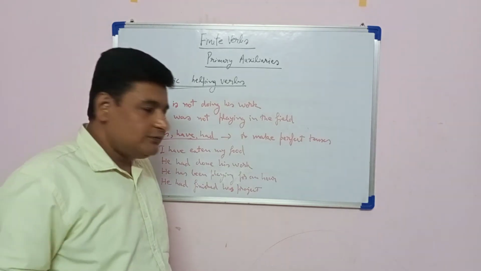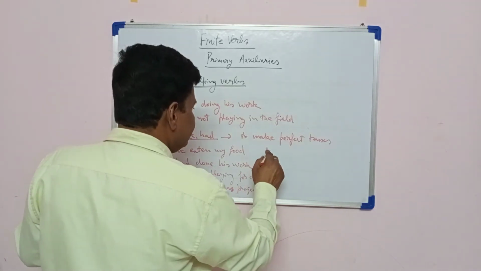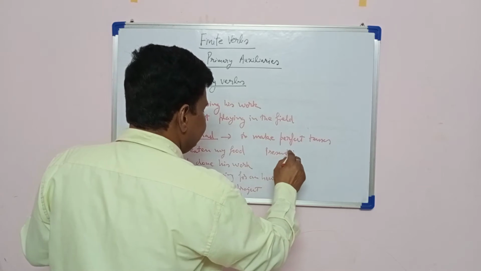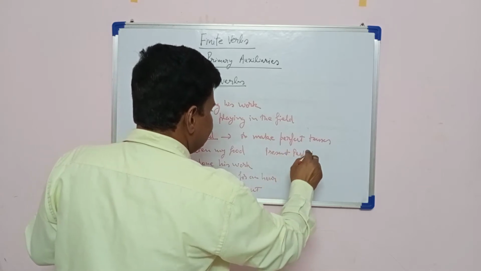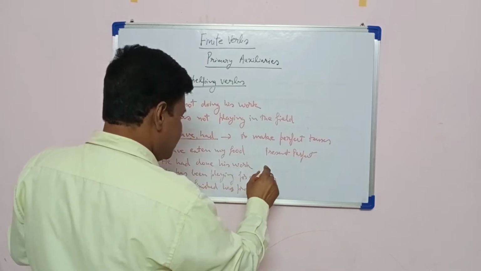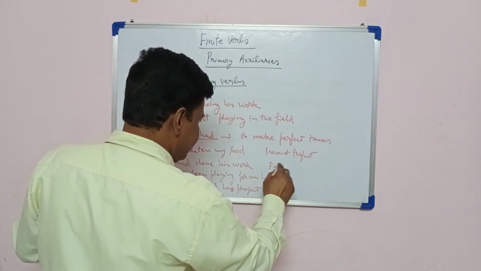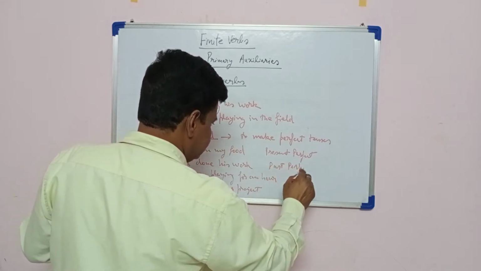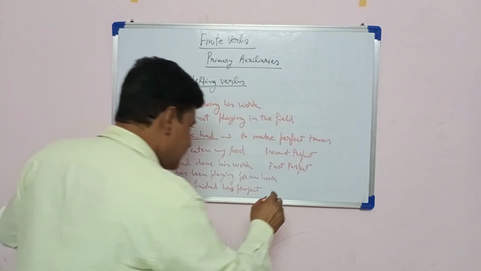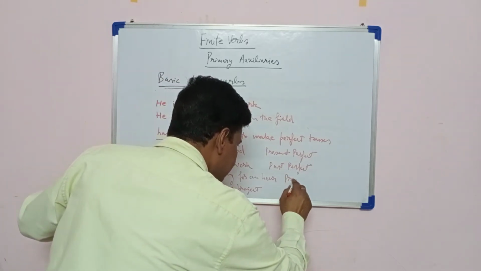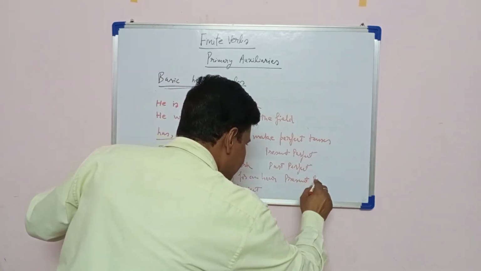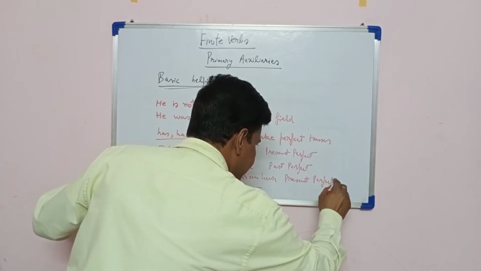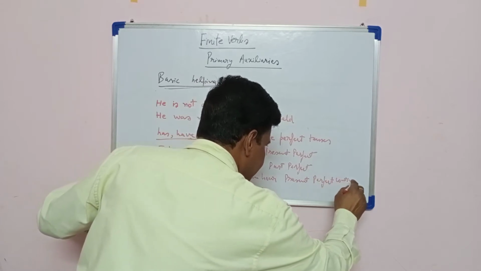I have eaten my food. This is the present perfect tense. He had done his work. This is past perfect tense. He has been playing for an hour. This is present perfect continuous.